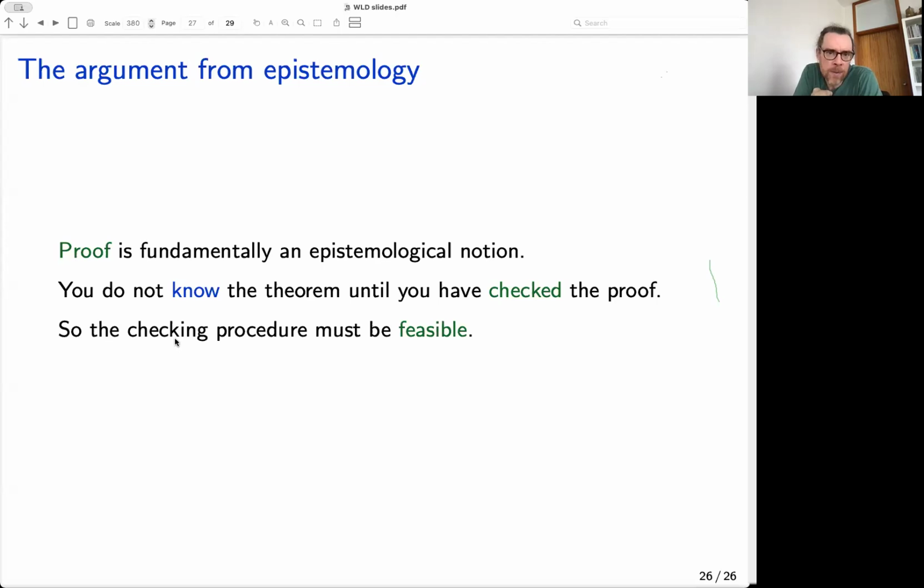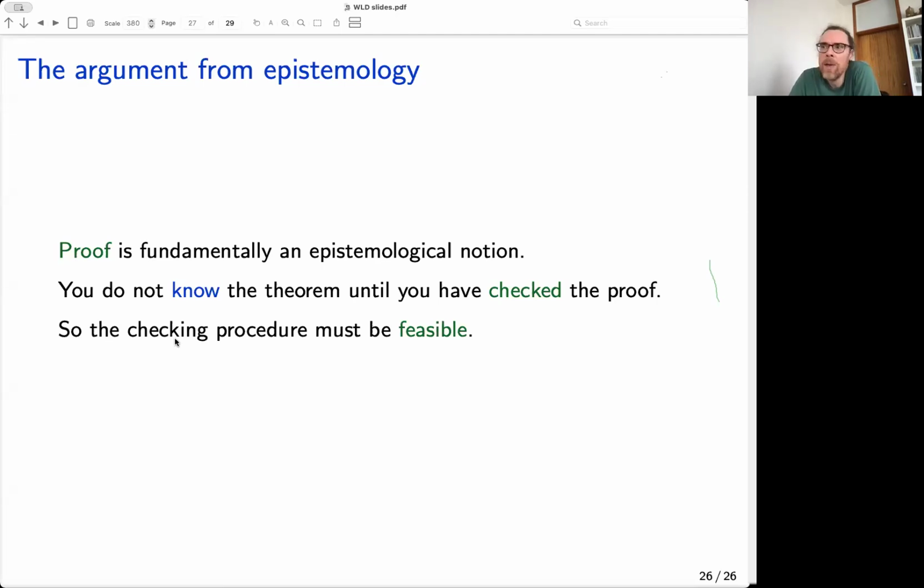And conversely, if I give you some 30,000 page thing, which is about the size of the Encyclopedia Britannica, and some propositional logic formula with just 20 propositional letters in it, and I say, can you check that this is a correct truth table for that formula, then you have an efficient procedure for doing that, but you can't do it. You just don't have time.